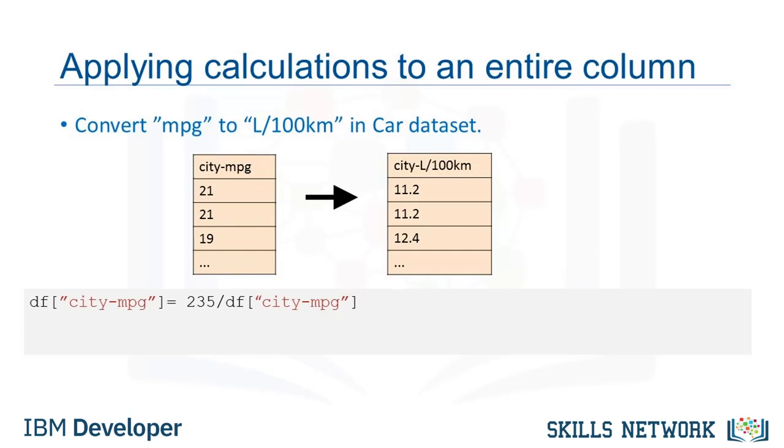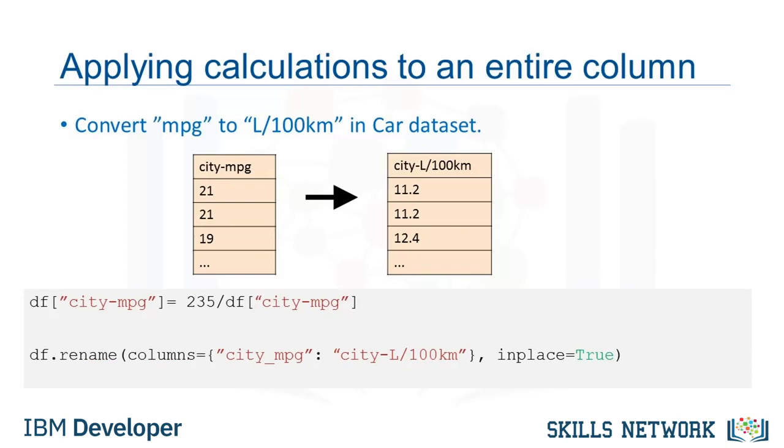To transform miles per gallon to liters per 100 kilometers, we need to divide 235 by each value in the city miles per gallon column. In Python, this can easily be done in one line of code. You take the column and set it equal to 235 divided by the entire column. In the second line of code, rename the column from city miles per gallon to city liters per 100 kilometers using the dataframe rename method.